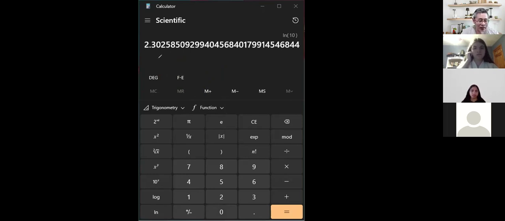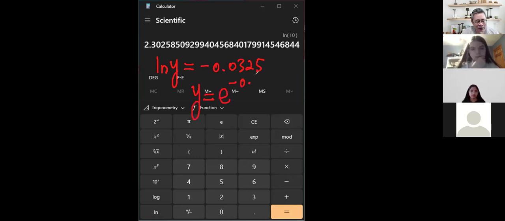So we're trying to figure out, if the natural log of y is equal to minus 0.0325, well, we understand that when this is a natural log, we just say if y is written as an exponent of base e, the exponent will be this. So therefore, y should equal e to the negative 0.0325.